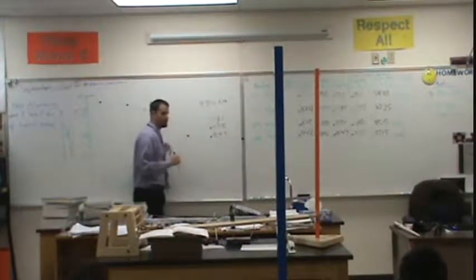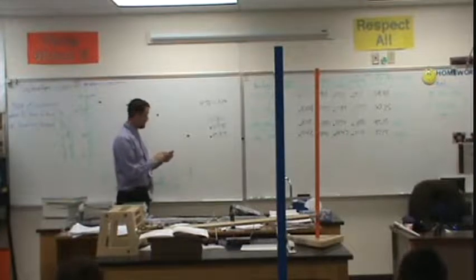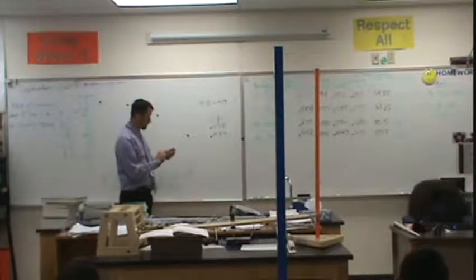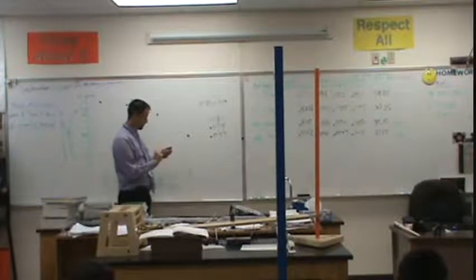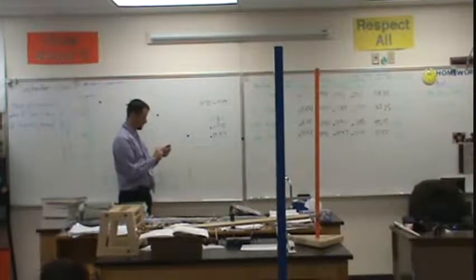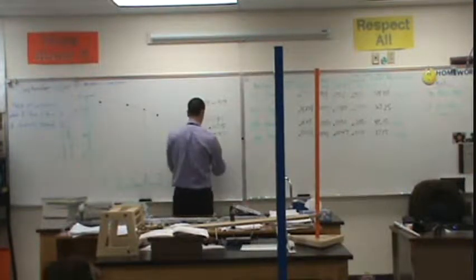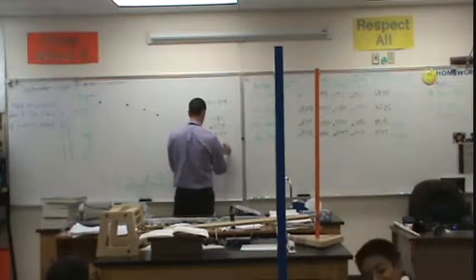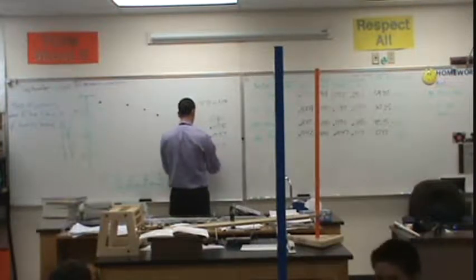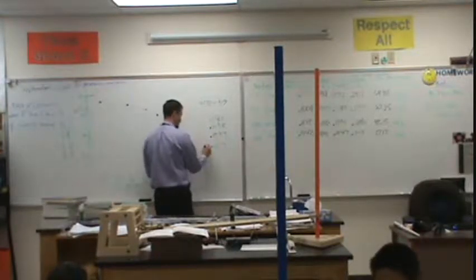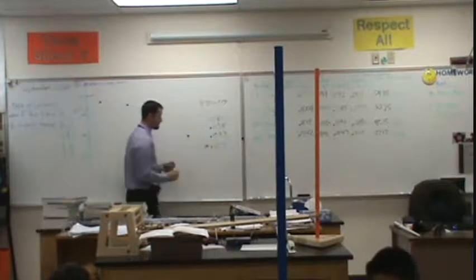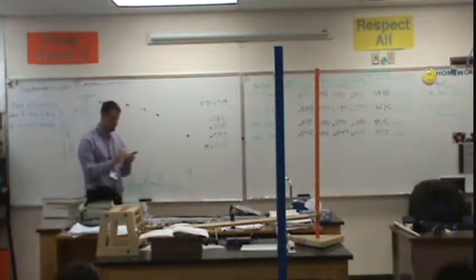All right, I'm going to get the average. 0.1062 plus 0.1075 plus 0.1083. I didn't take the shortcut, divided by 3. 0.1073. That's the average. All right. The average is 0.1073, so I'm going to do 5 divided by that.